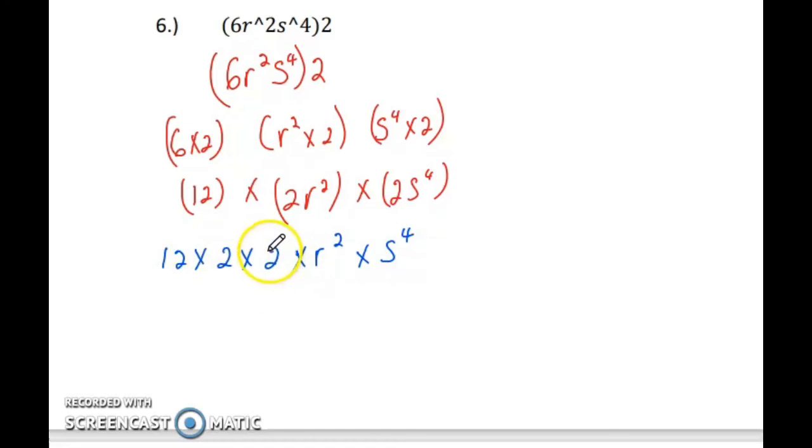So here we can say, okay then, 12 times 2, and that is going to give us 24. And 24 times 2, that is going to give us 48. So this would be 48 times r to the second times s to the fourth. So at the end of the day, our final answer is 48 r squared s to the fourth.